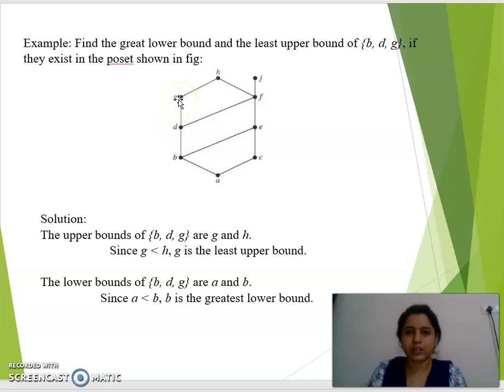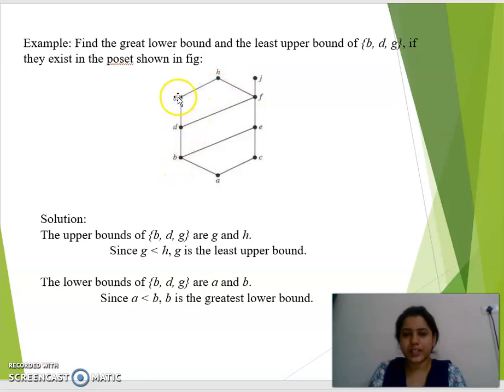We have to find the greatest lower bound and least upper bound values. First of all, we will find the least upper bound value. To find it, first find the upper bounds. So the upper bounds of B, D, G are G and H.